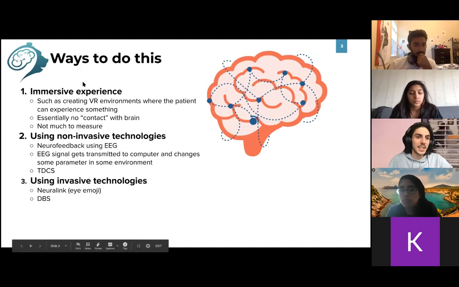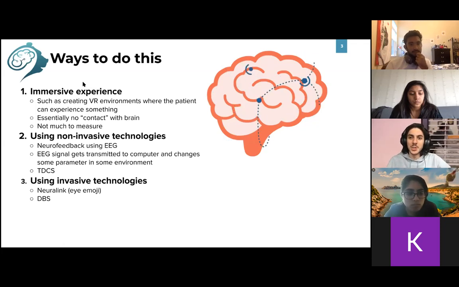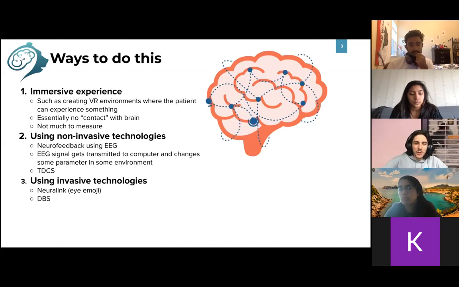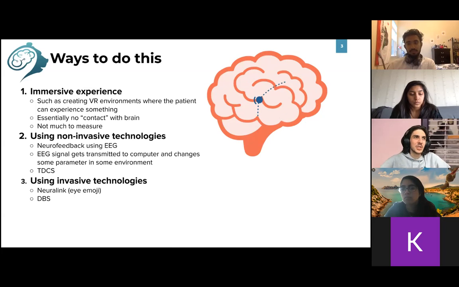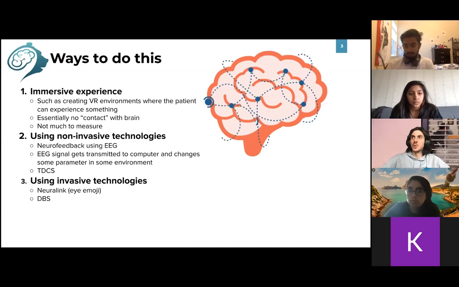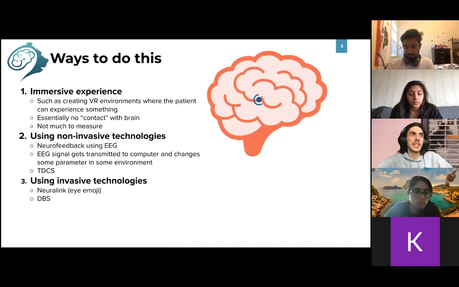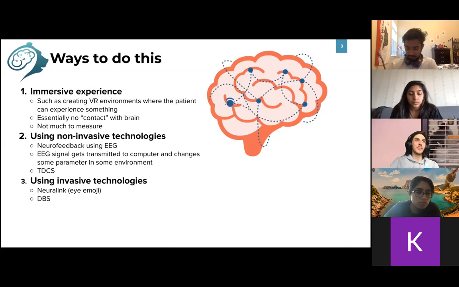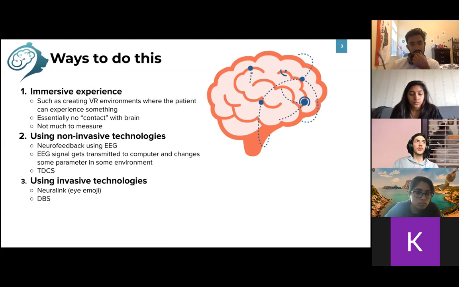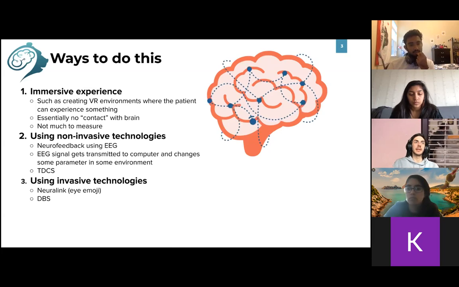So I guess there are multiple ways to do this. Interfacing and interacting with the brain is just very general. You can do so many things, and interacting with it might mean that you are causing some change at the neural level, through electric stimulation for instance, or it could be purely psychological.